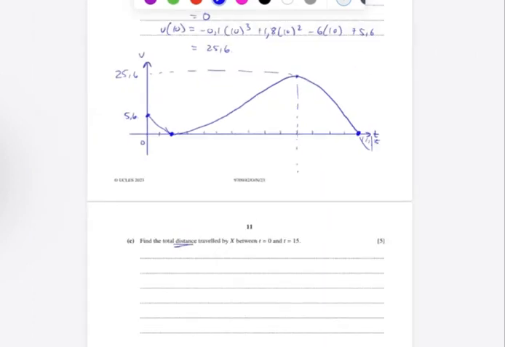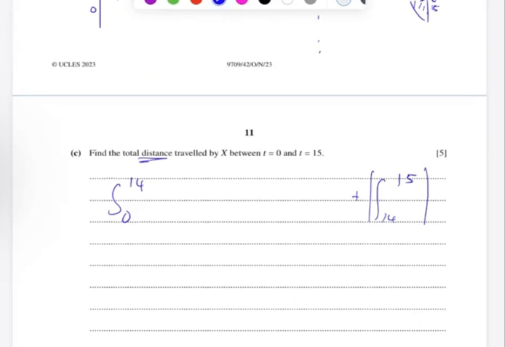Okay, so what I can see here is I can integrate all the way from 0 to 14, because that is all above the line. And then I'm going to have to go between 14 and 15, but use the mod of that.